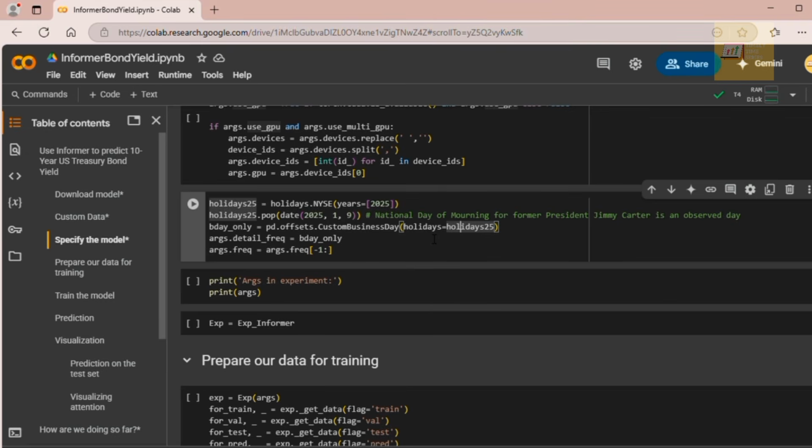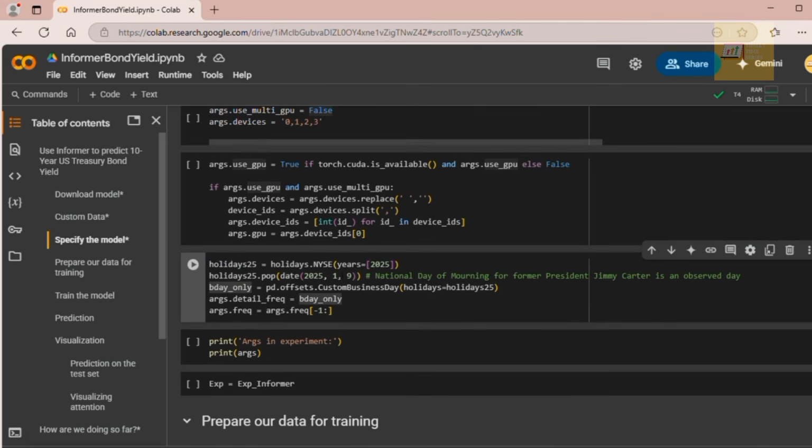Okay, and so how do I get the holidays? By the way, I named the holidays holidays_25, and I got the holidays from the holidays library in Python. And I want to take it from the NYSE calendar, New York Stock Exchange. And for this line, what happened?